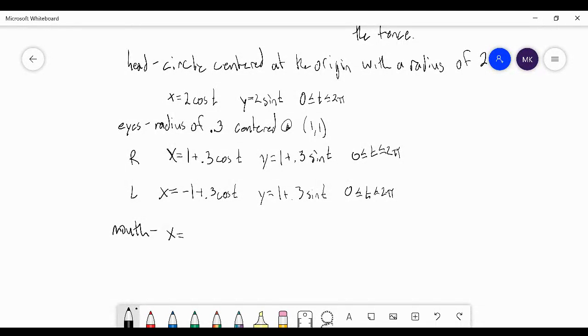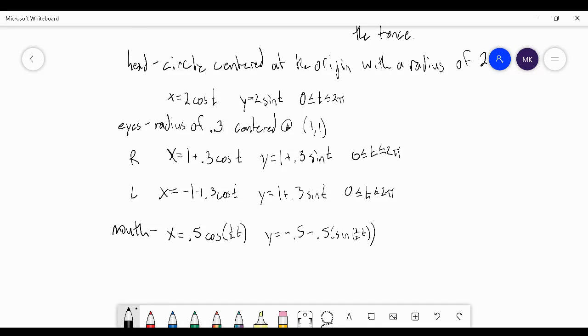What we end up with is the equation x equals 0.5 cosine of 1/2 t, and then y is negative 0.5 minus 0.5 sine of 1/2 t.